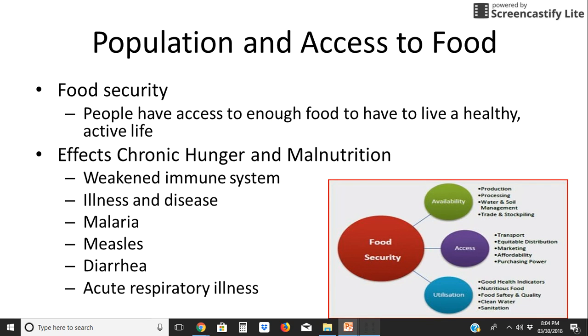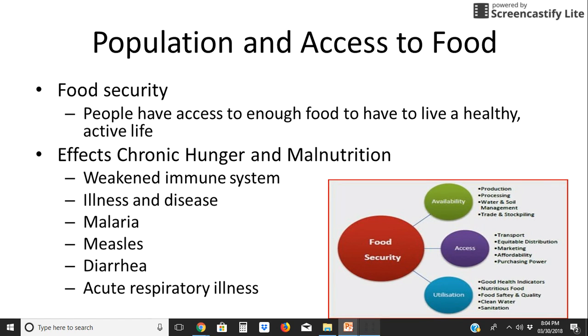Now, when we have these populations, we need to feed these people. And so food security is that people actually have enough access to food to be healthy and active. And so there are lots of places on this earth, even within our own city, where people are chronically hungry and malnourished.